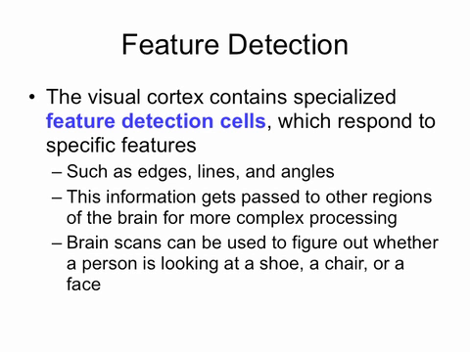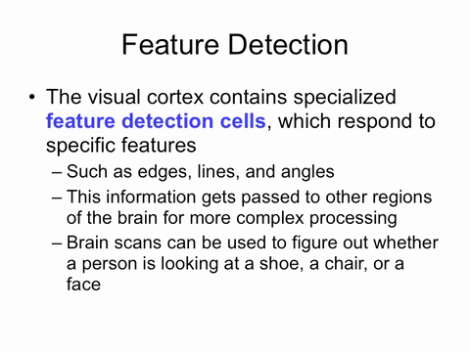Concerning looking at the various features, we're done with the eye. The information has traveled via the optic nerve to the brain, and we have that visual cortex located in the, do you remember? Occipital lobe. Hopefully you do remember that. And within that visual cortex are feature detection cells. We have certain cells that are in charge of interpreting edges, lines, angles, and passing that information on to more complex processing in other parts of the brain.